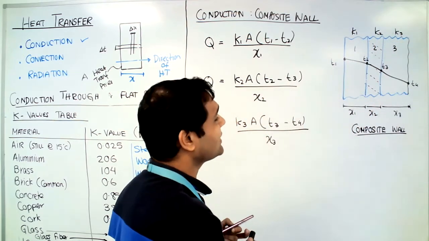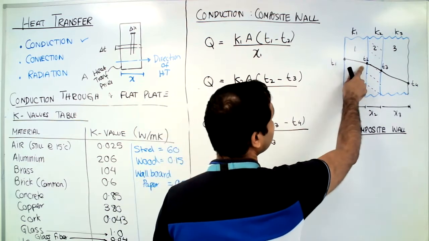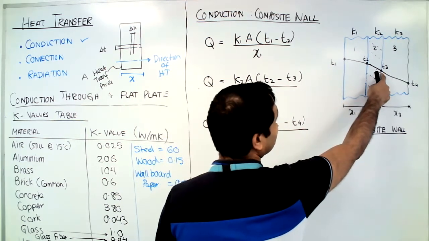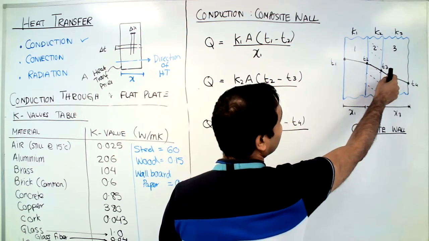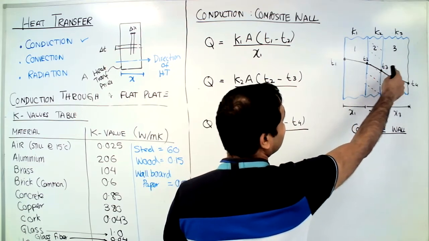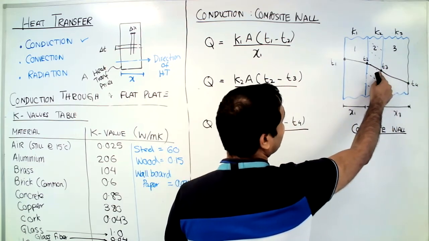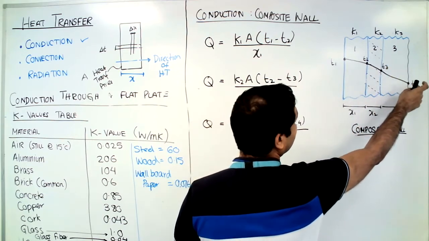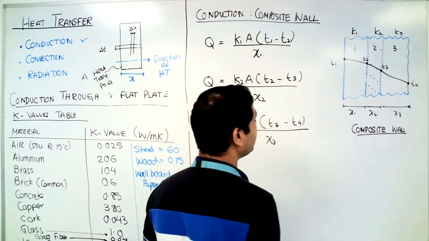In material 2, the starting temperature on the hot side is T2, and on the other side it's T3. This side becomes the inlet and that the exit. For material 3, the temperature on this side is T3, and T4 on the other.